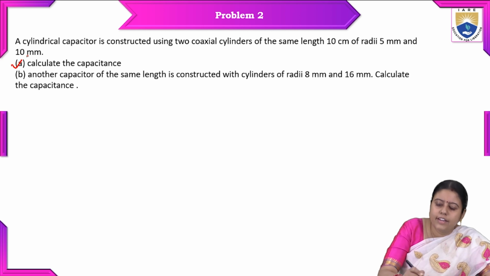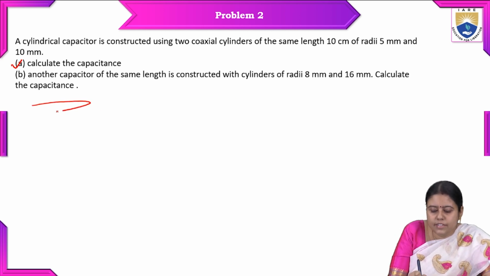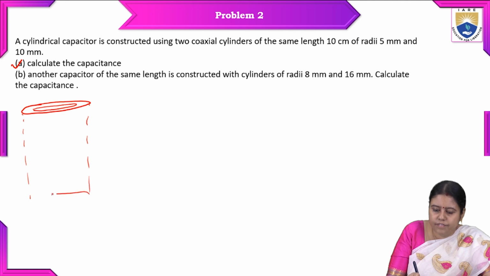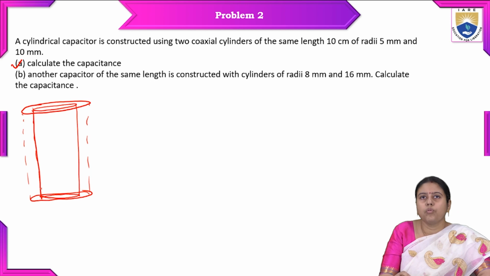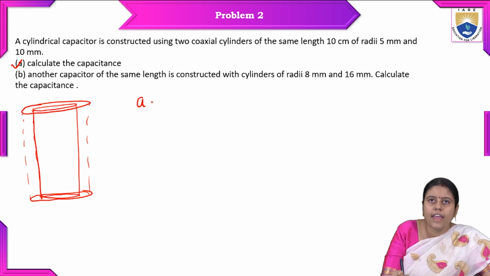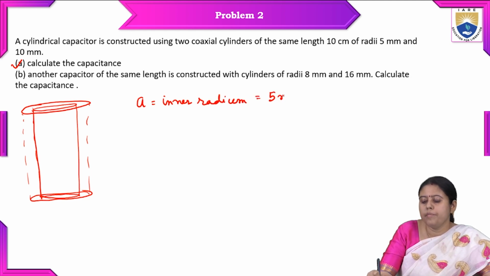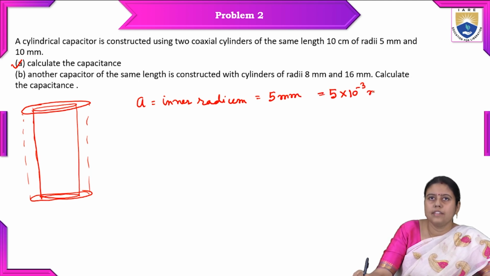So again, it is a cylindrical capacitor, and it has two coaxial cables. A is the inner radius, equal to 5 mm, which is 5 into 10 to the power minus 3 m.